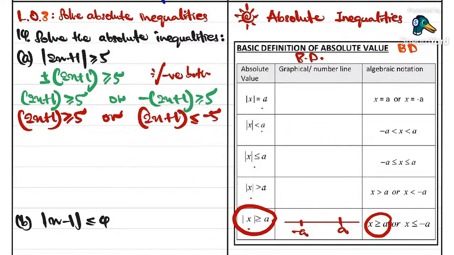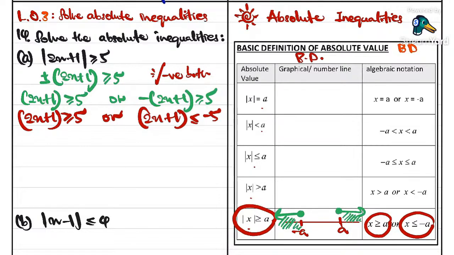Okay, so the lukisan di dalam dua jawapan ini sebenarnya adalah cara pelukisan di number line is actually here going to the right hand side. So this is the region, while here is going to the left hand side, and this is the region.